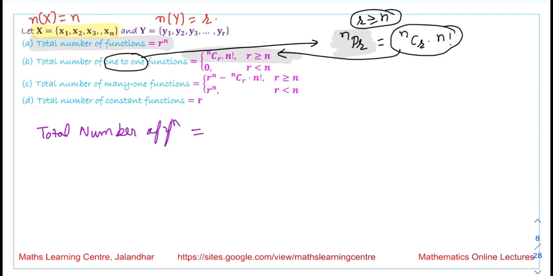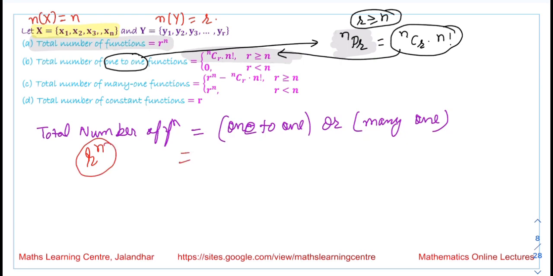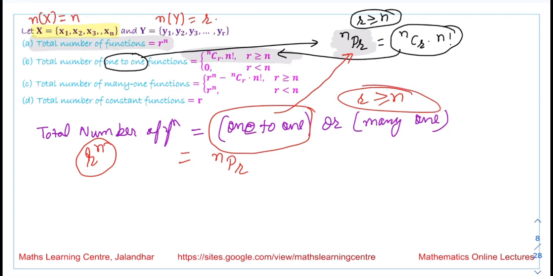If any function is there, either that function will be 1-1 or that function will be many-1. So there are a total of r raised to the power n functions, and the number of 1-1 functions that can be formed is rPn. We are talking about the case when r is greater than or equal to n.